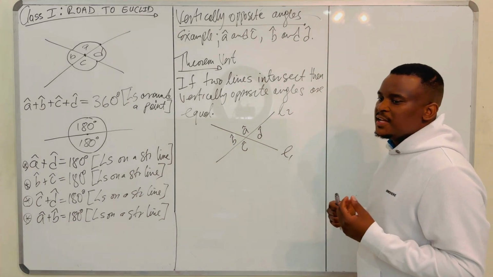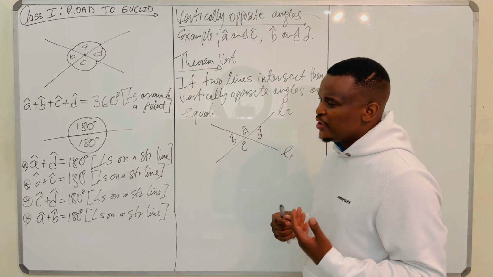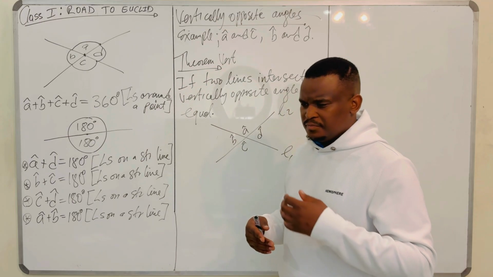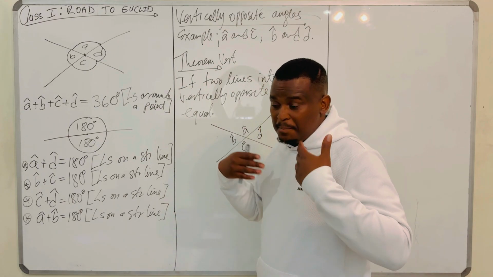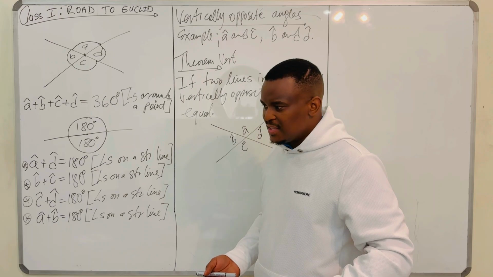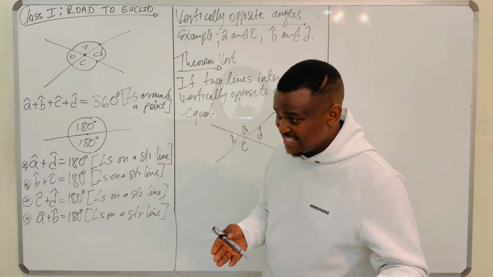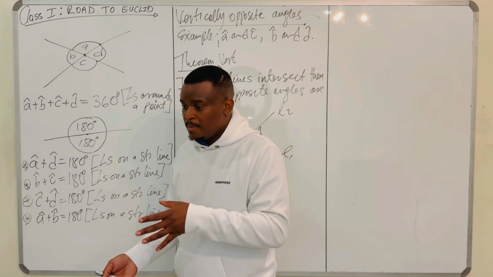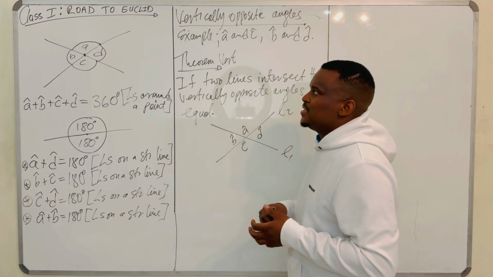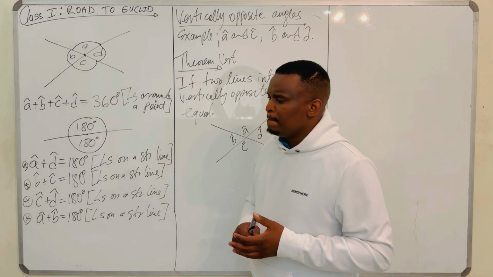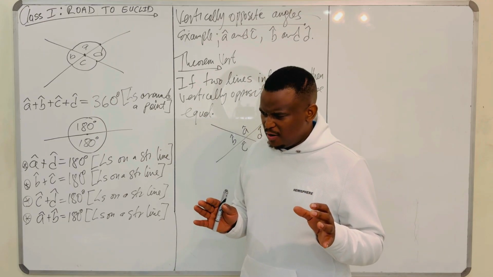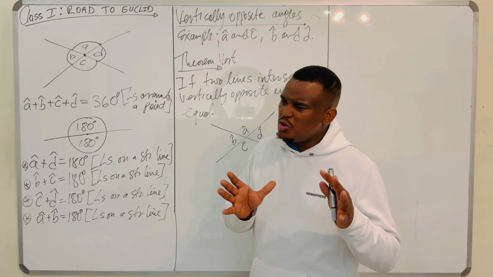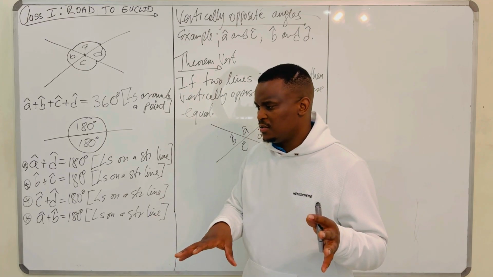If I'm saying vertically opposite angles are equal, that is a claim. It's something that I'm claiming, that if I have these two lines intersecting, then the vertically opposite angles will be equal. What you need to understand about most of the statements in maths is that in most theorems, the first part gives you conditions, what must happen first.